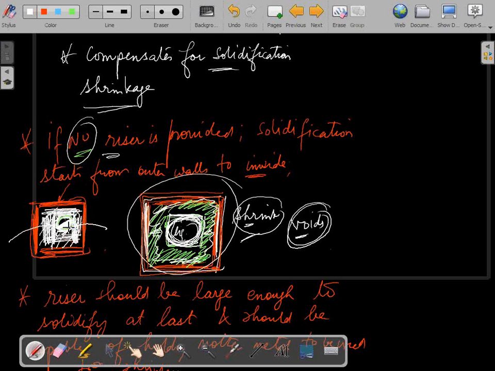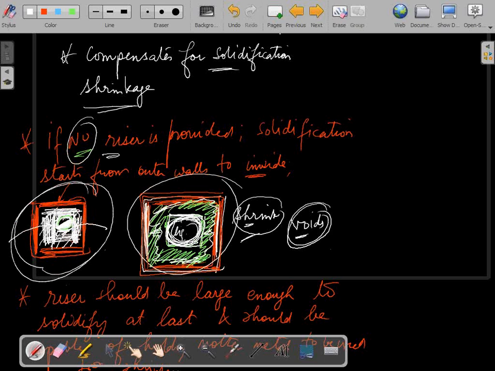And there is a void left inside the cavity. This void is not filled with the liquid, it is an empty space inside the casting. With an empty space inside the casting, the strength will reduce, and it will affect other mechanical properties as well.